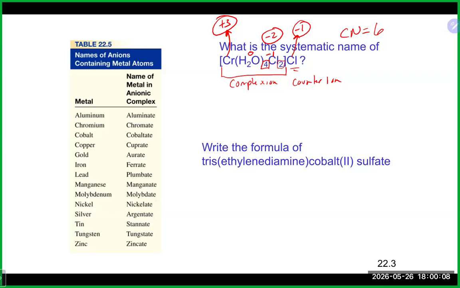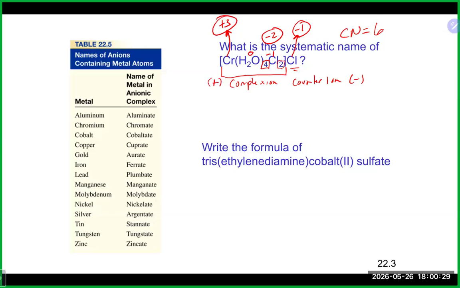Based on the arrangement of the formula, we also know that our complex ion is positive because it comes first, and our counter ion is negative because it comes second. That also tells us we can just use the regular name for the metal, chromium here. We don't have to use chromate in this case.